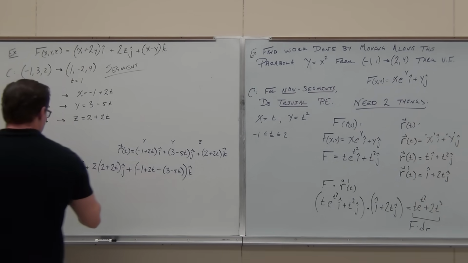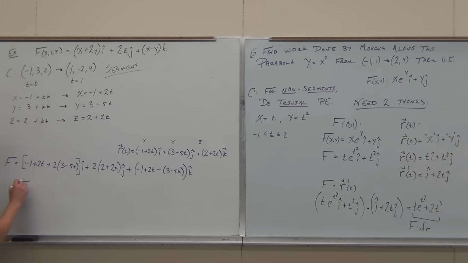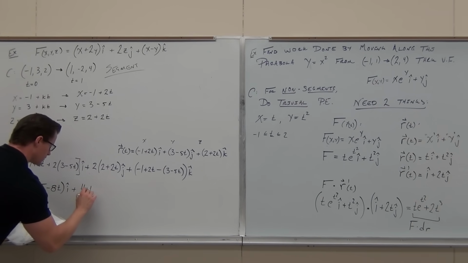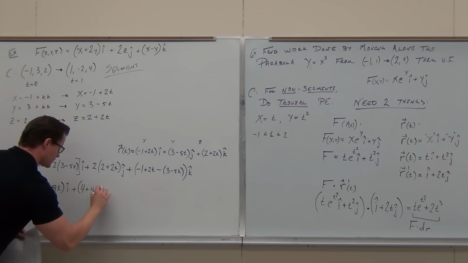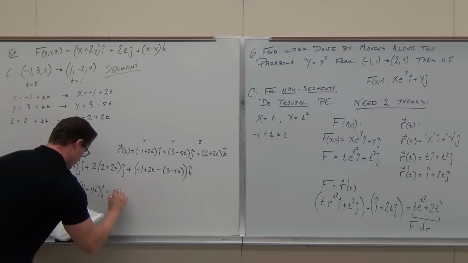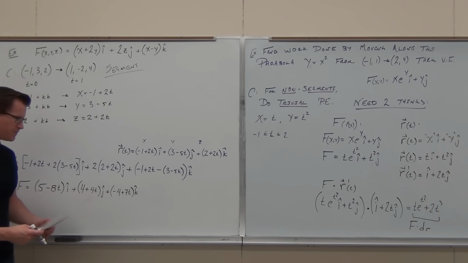What it ends up looking like is this. So that's the simplified vector field as reparameterized in terms of t, right there.